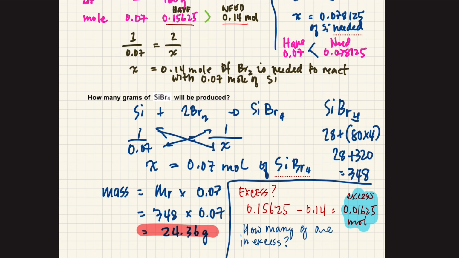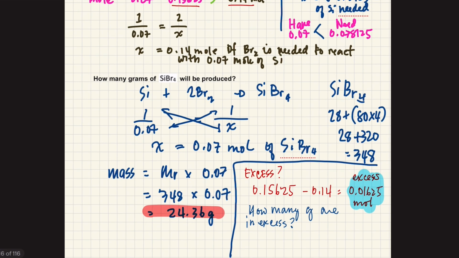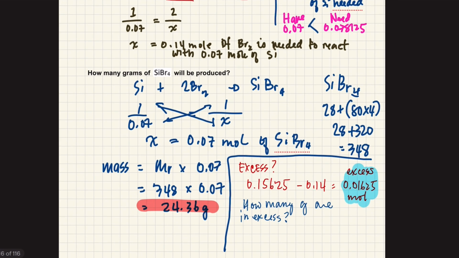You multiply the number of moles by the molecular mass. So in this case we have Br2 and it is 160. So 0.01625 times 160 grams gives us an excess of 2.6 grams.